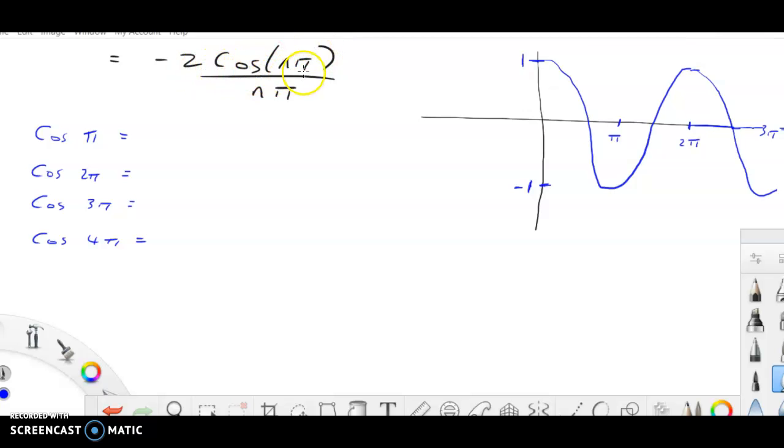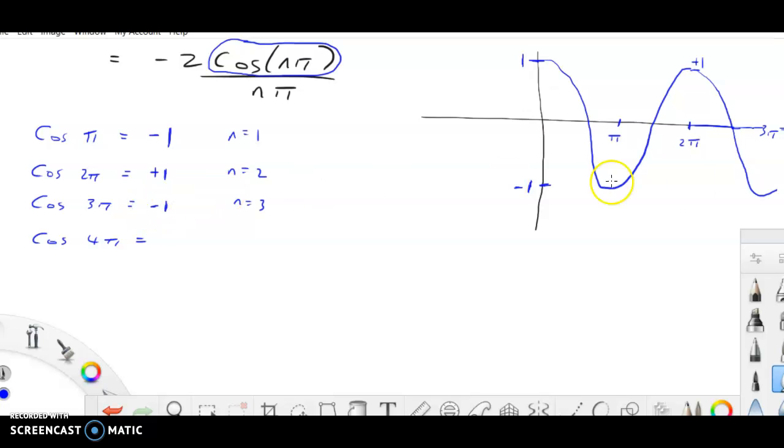Now, this is minus 2 cos n pi over n pi. The value of this little piece here depends on n. When n is 1, cos of 1 pi, see, this is a rough sketch, is minus 1. And when n is 2, cos of 2 pi, see there, it's plus 1. When n is 3, you can also put it into the calculator, making sure the calculator is in radians mode.